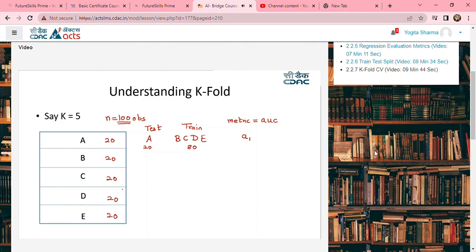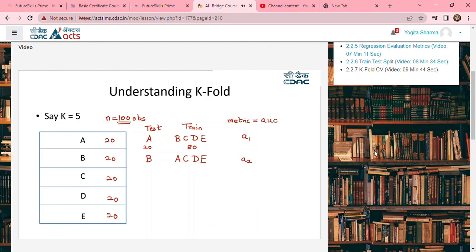Now this will be stored as the first metric for the first fold combination. For the second fold combination, we consider B as the test set and A, C, D, E as the train set. Building on A, C, D, E, which is altogether a data set of 80 observations, and evaluating on data set B with 20 observations, we get another evaluation metric value, let's denote it by A2.